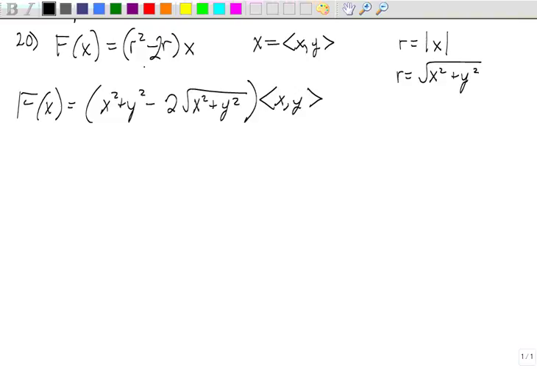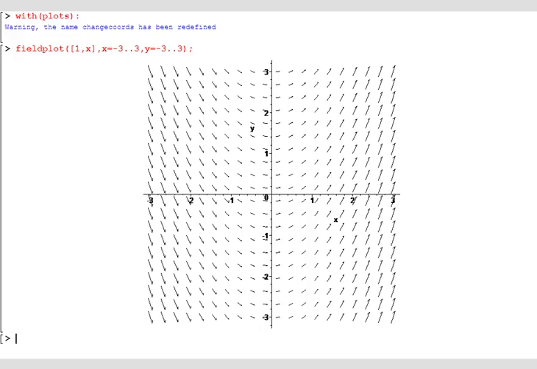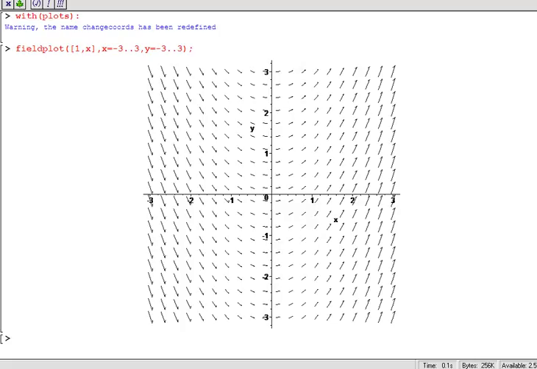Okay, to plot this in Maple, let's go back to Maple. Okay, we're going to fieldplot x squared plus y squared minus 2 times the square root of x squared plus y squared, times x.